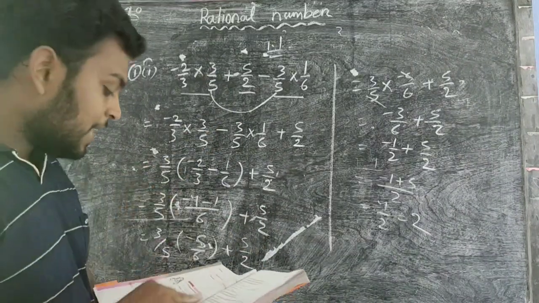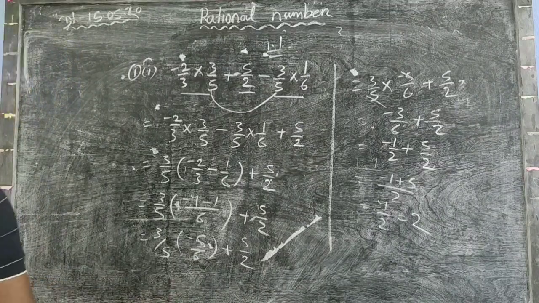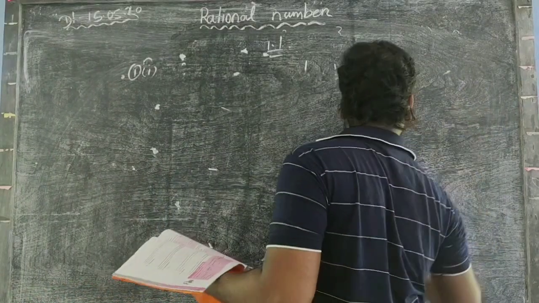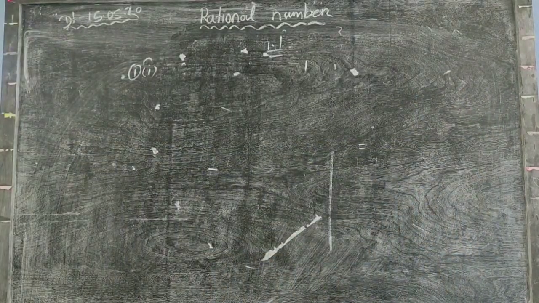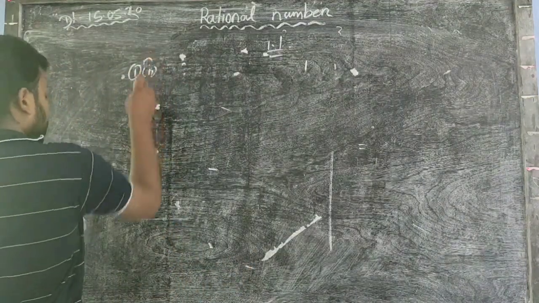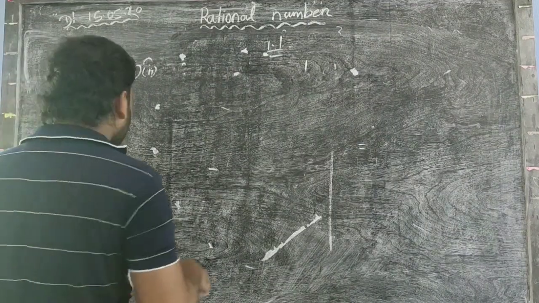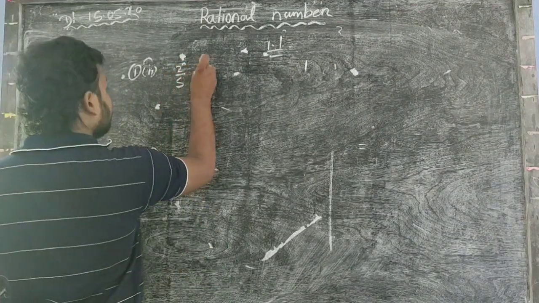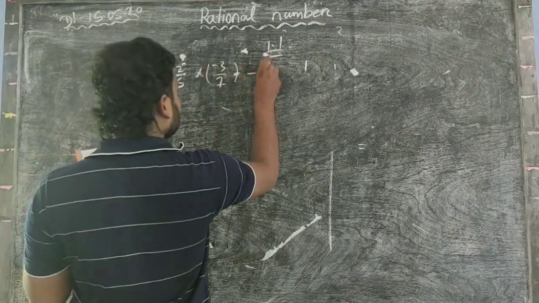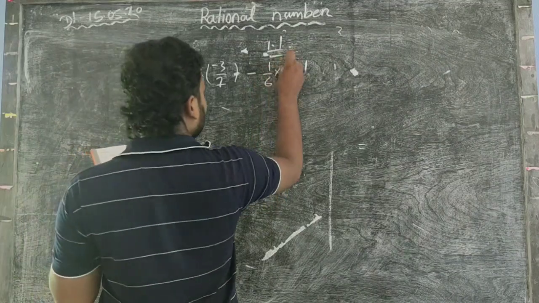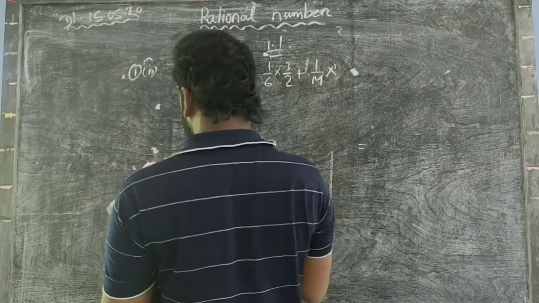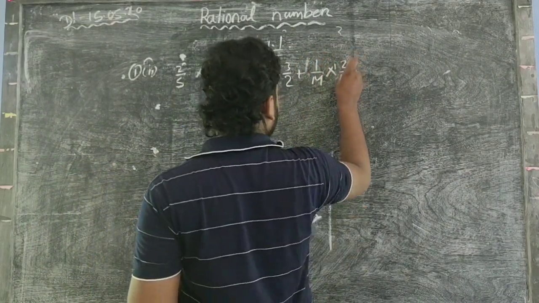The second number is 2/5 into minus 3/7 minus 1/6 into 3/2 plus 1/14 into 2/5.